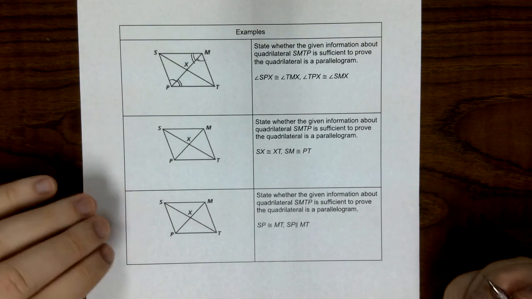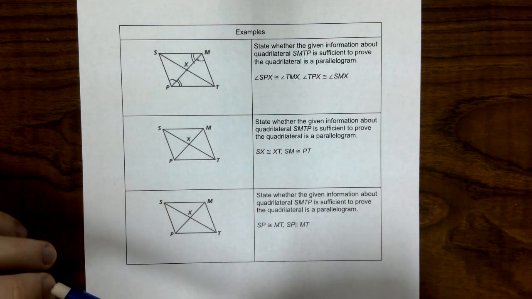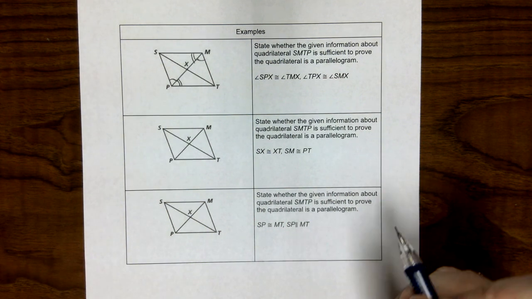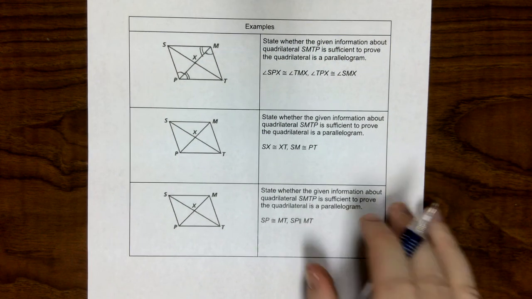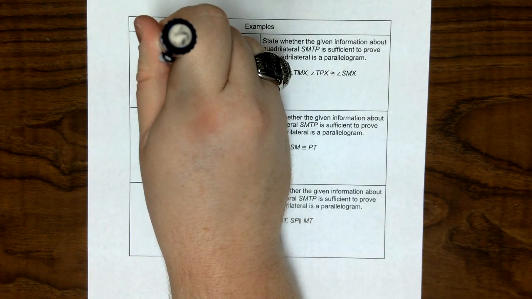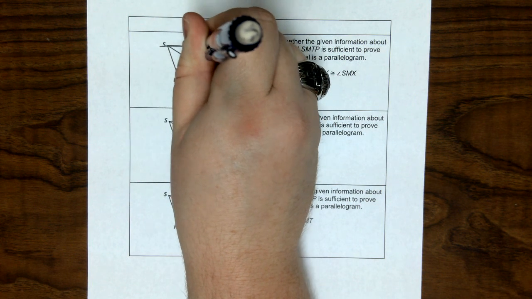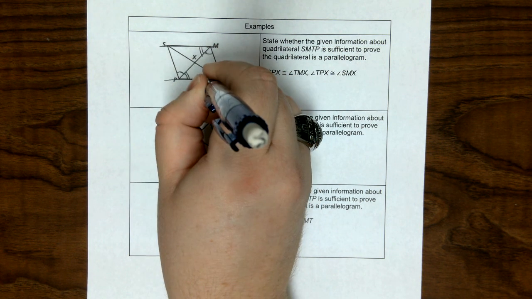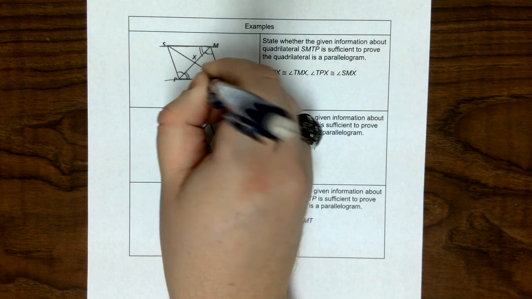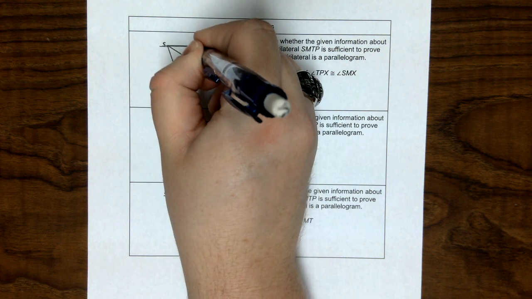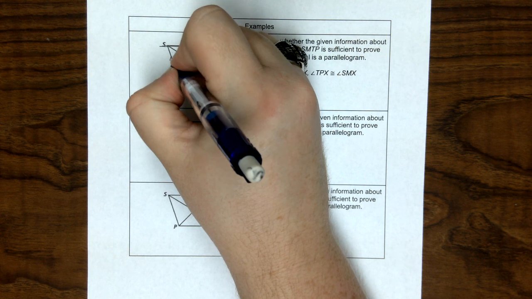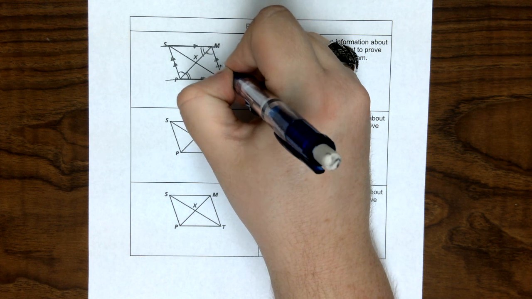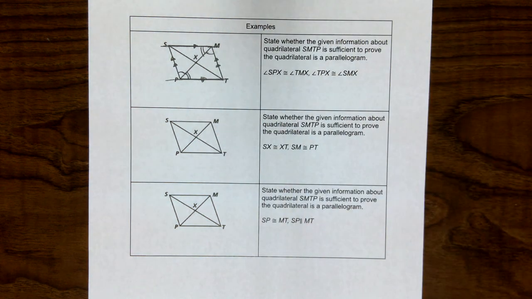Okay? So if you recall, a parallelogram is a quadrilateral that has two pairs of parallel sides. Okay? So if it's a parallelogram, then we have these two sides are parallel, and then this pair of sides is parallel.